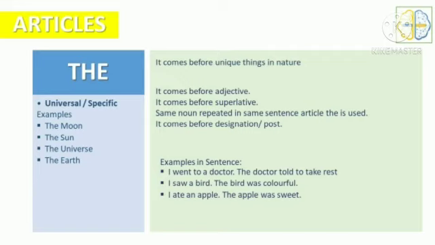It comes before a superlative, like Ram is the tallest boy in the class. In the class only Ram is the tallest, so it is a superlative degree. When est is there, it is a superlative degree. So the is also used before a superlative, and when the same noun is repeated in the same sentence, the article the is used.